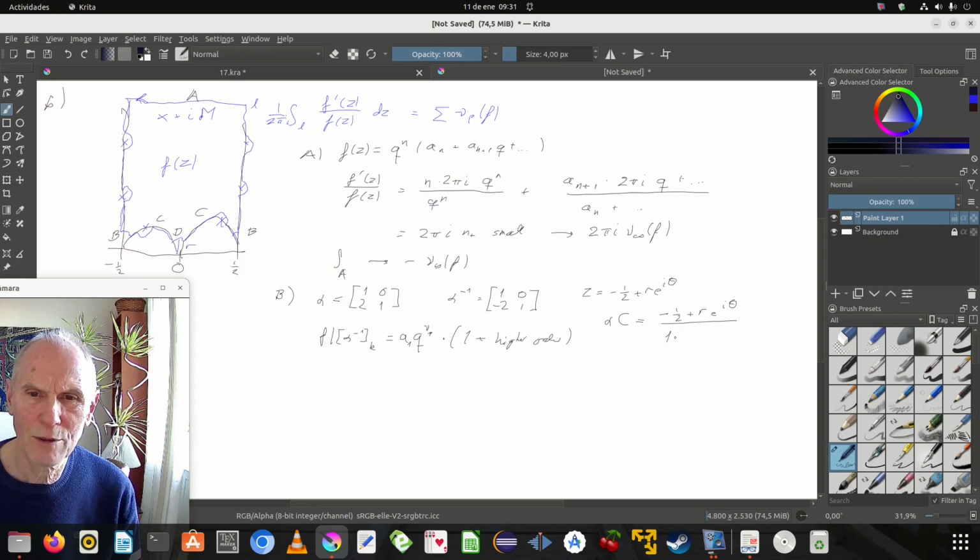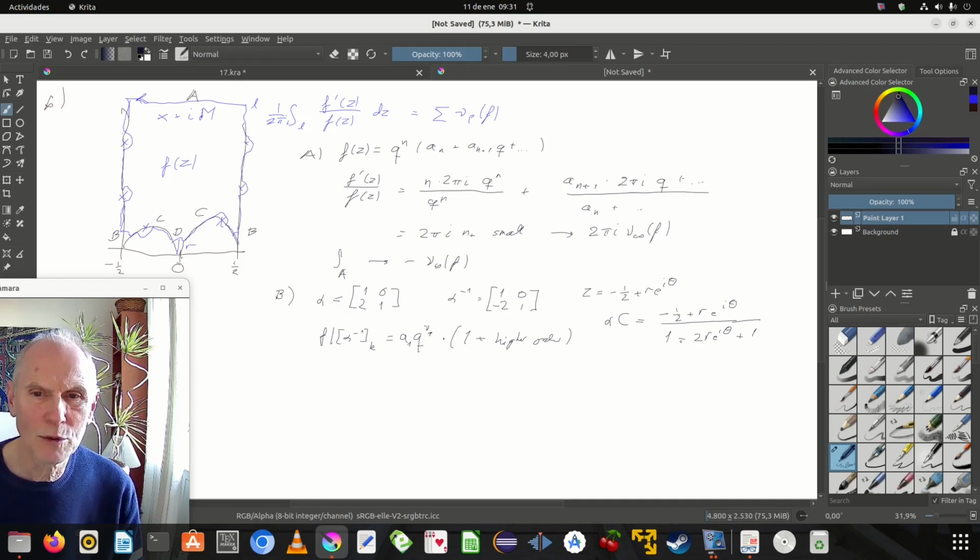-2, that's 1 minus 2r plus 1. This maps infinity. It's the other map we are dealing with.